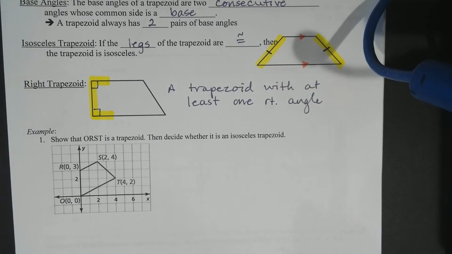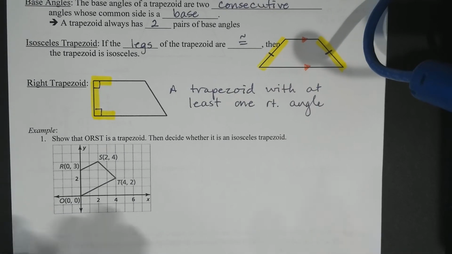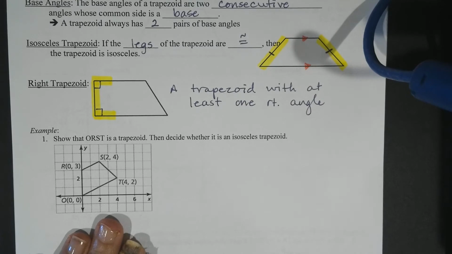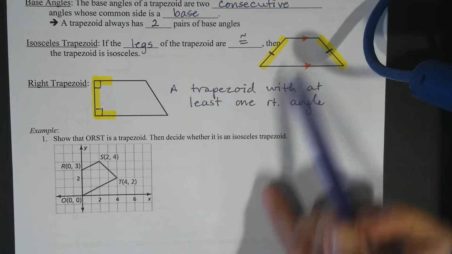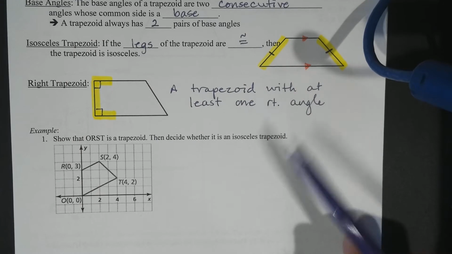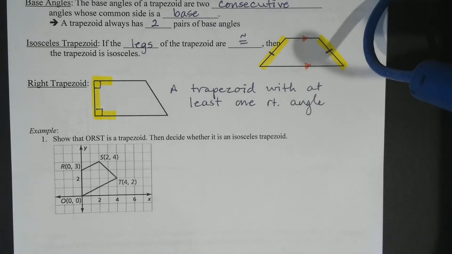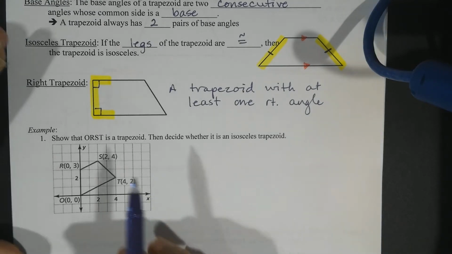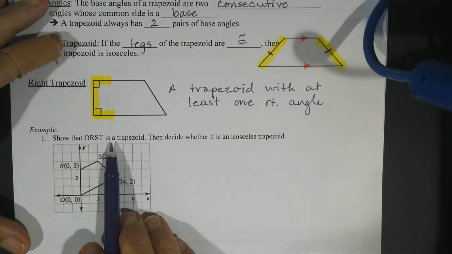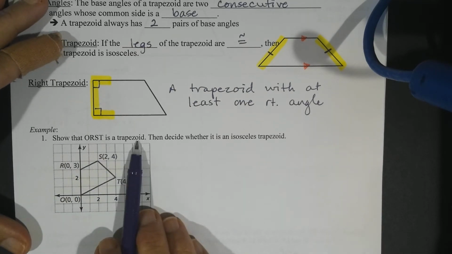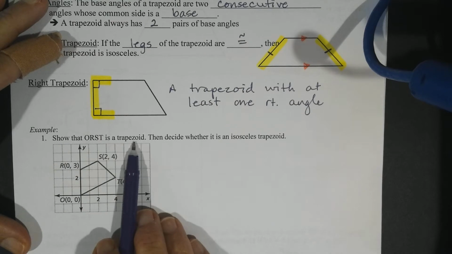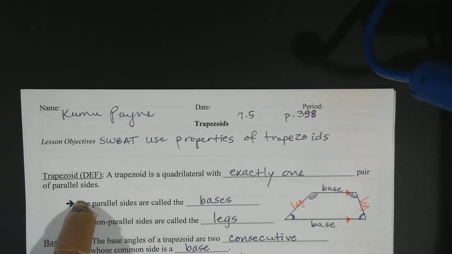Questions? So we always start with definitions. I know you've seen these before because every kid has seen this in high school geometry. But this particular example says show ORST is a trapezoid. So to meet that definition, all you really need to do is show that it has, look at the definition, exactly one pair of parallel sides.